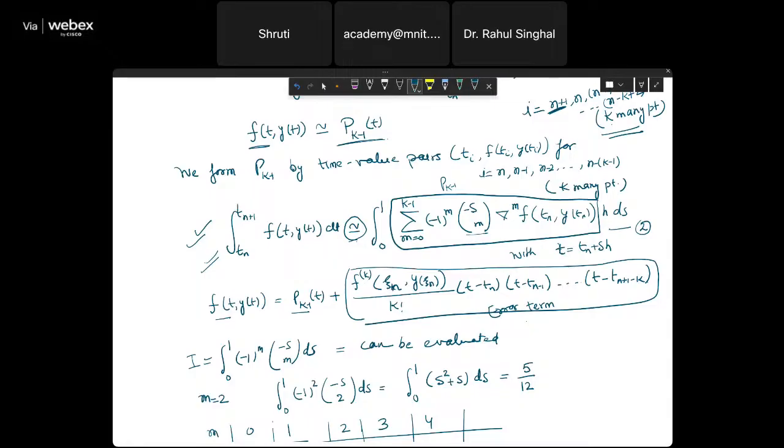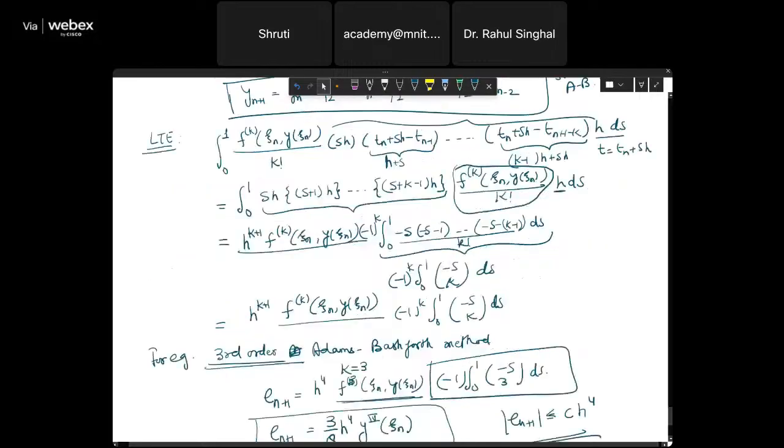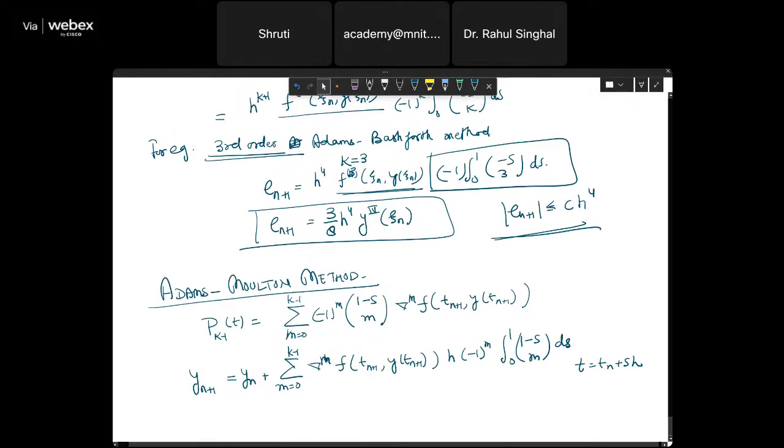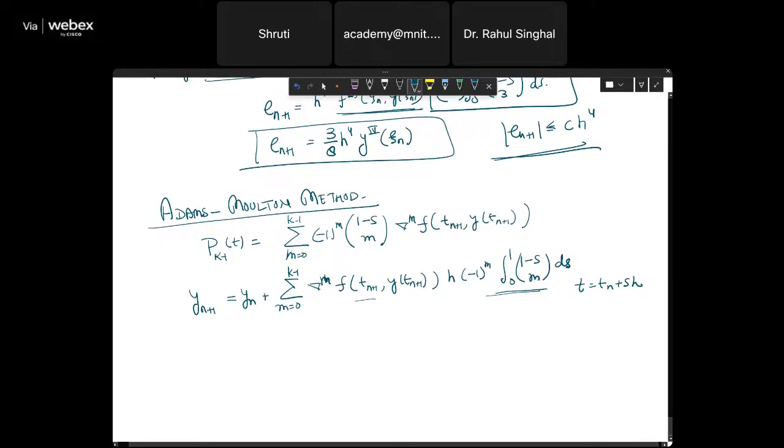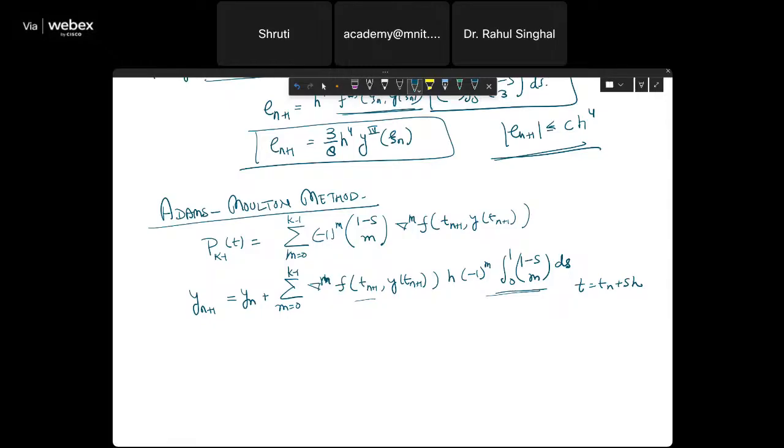Okay, so here you can see that the binomial coefficient is this. In the Moulton method we have this, so obviously there will be a difference, and also f is taken at t n plus 1. So that's why there will be a change, and finally we end up with this kind of form.